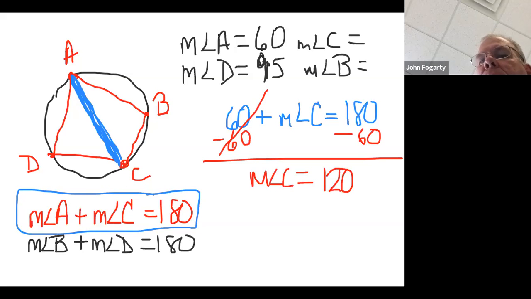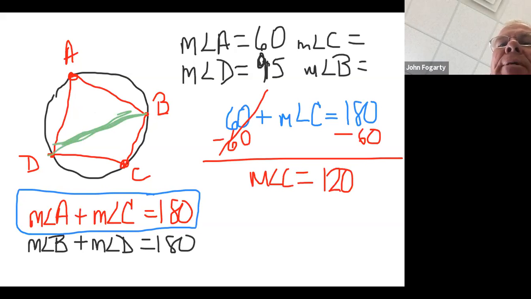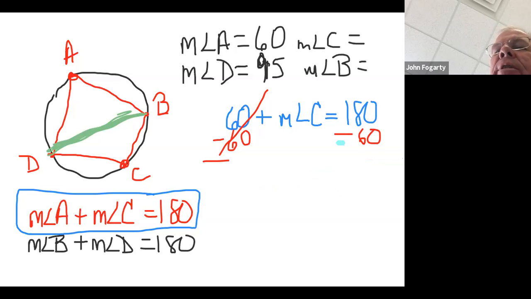There you go. See how that works? Now, what do I know about angle B? Well, I know angle B is opposite angle D. So that means that angle B and angle D are supplementary.